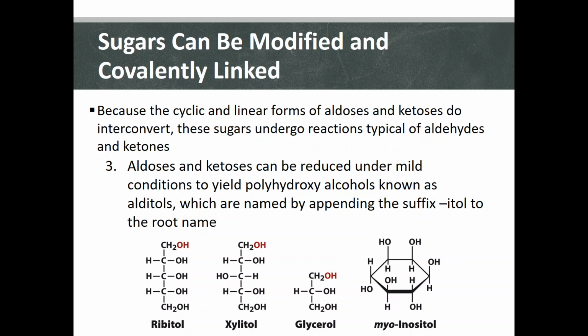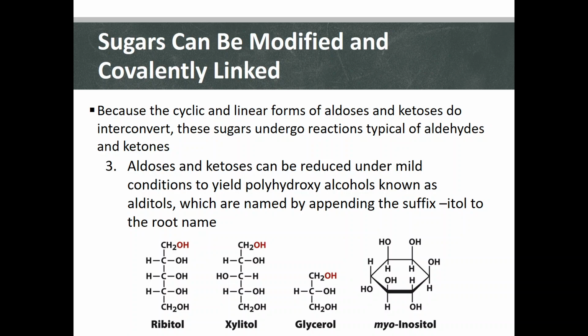But let's say we reduce that aldehyde into an alcohol, and now we just have a polyhydroxy alcohol that lacks that carbonyl group. So in this case, we are going to change the parent name, the root name, to have the itol ending. So ribose becomes ribitol, xylose becomes xylitol, glyceraldehyde became glycerol.